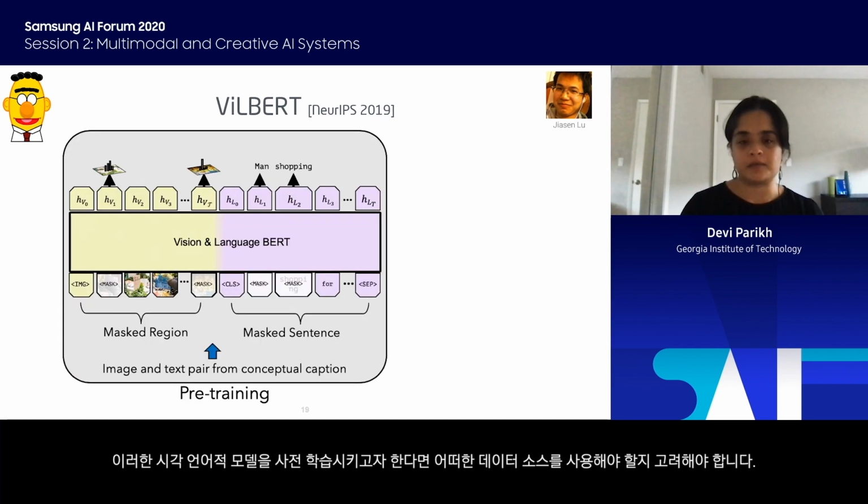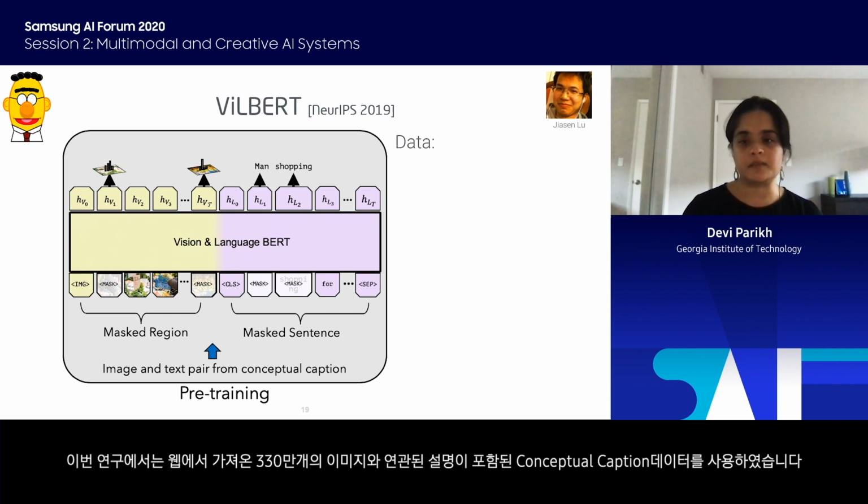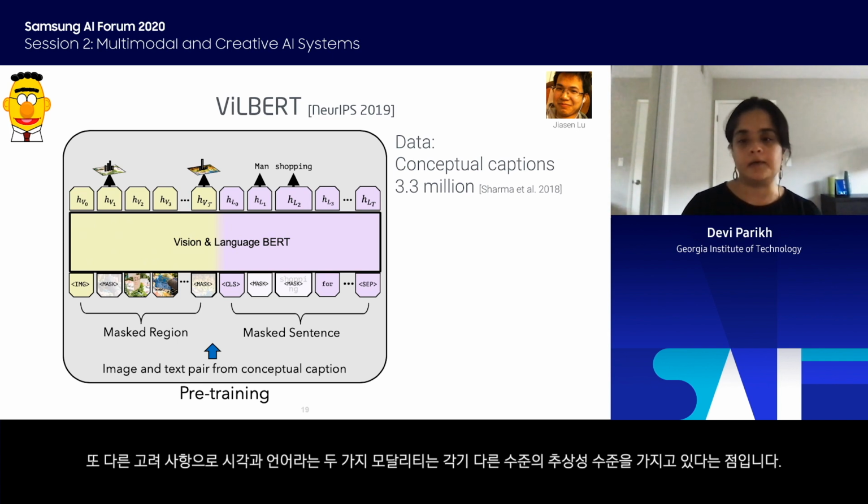And so one thing we need to think about if we want to pre-train these visual linguistic representations is what source of data we can use to train these models. And so in this work, we used Conceptual Captions that has 3.3 million images and associated descriptions from the web. Another thing to consider is that the two modalities, vision and language, tend to be at two different levels of abstraction.